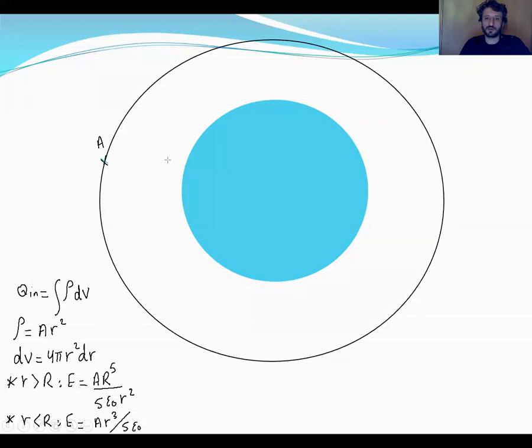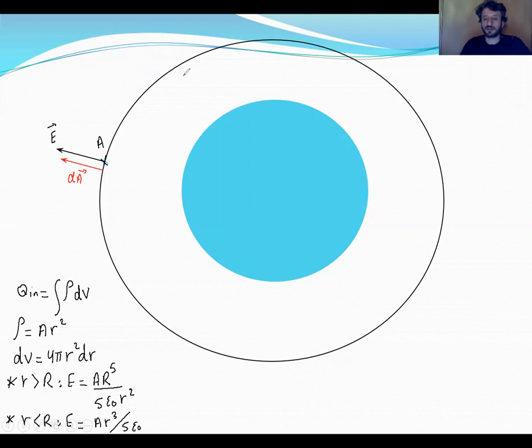This sphere is positively charged. In this case, the field must be outward. Here we have E, and dA also has the same direction as E.